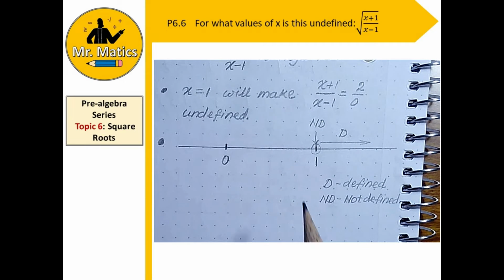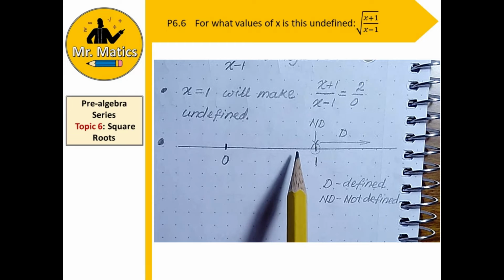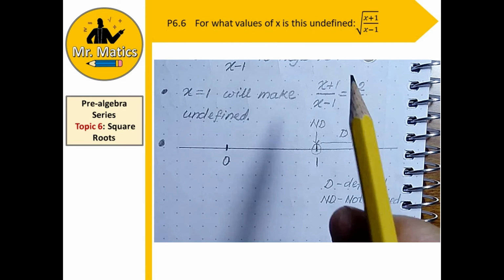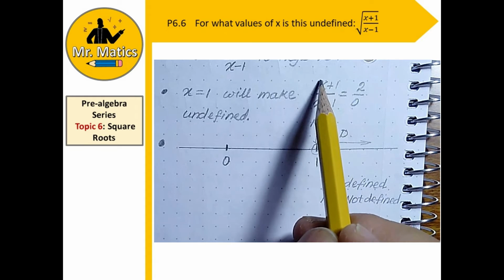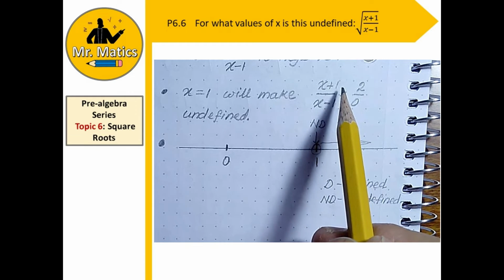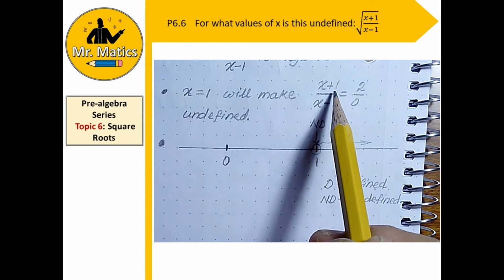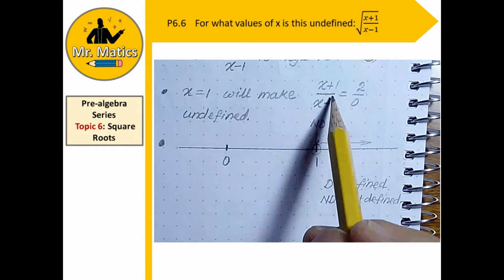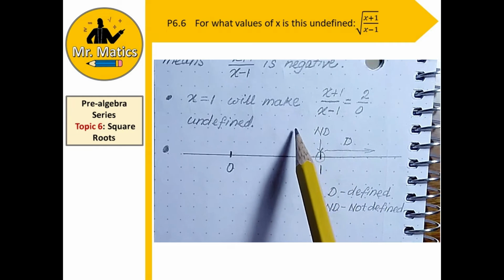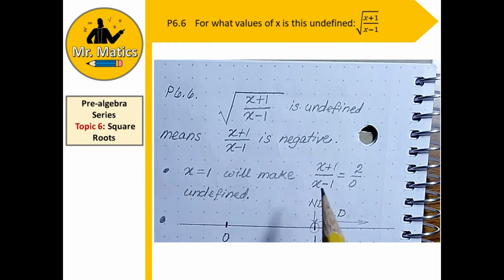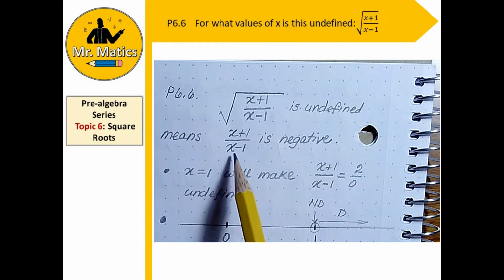And let's see what happens here, between 0 and 1. The numerator is still a positive number, but the denominator becomes negative. And once the denominator becomes negative, the square root of a negative number becomes undefined, which we have stated here.